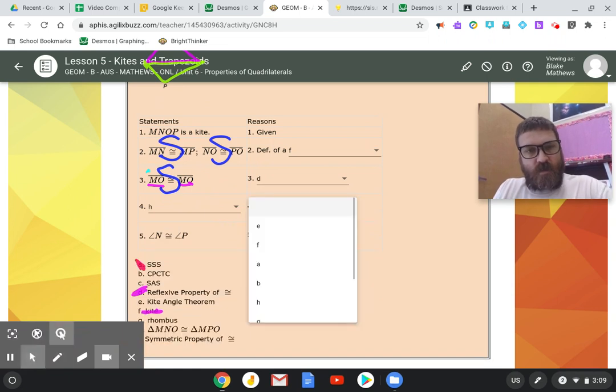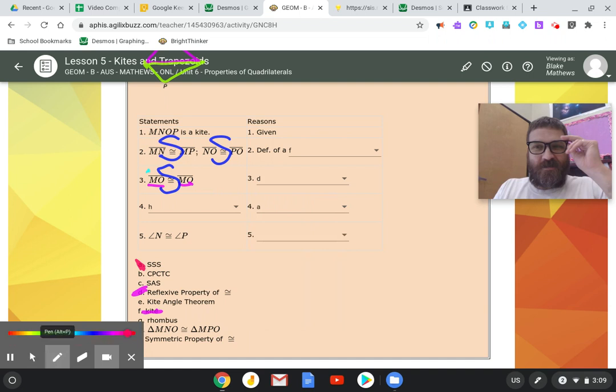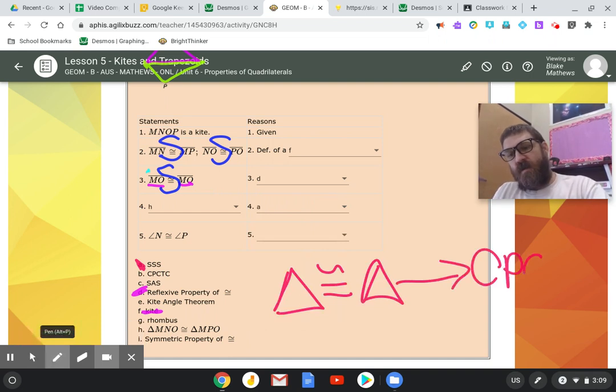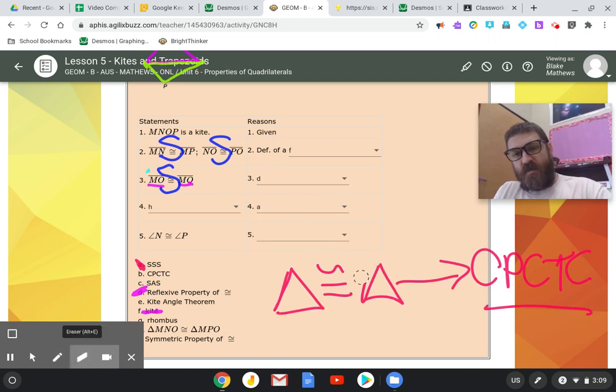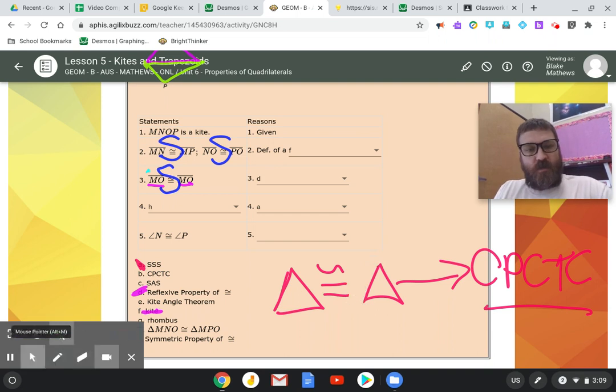So we go up here and we choose side, which is A. And then if you've been paying attention to the videos, you know that after we prove that a triangle is congruent, the next thing is always CPCTC. Because if those two triangles are congruent, then all the different parts of that triangle are congruent. And so that's going to be answer choice B.